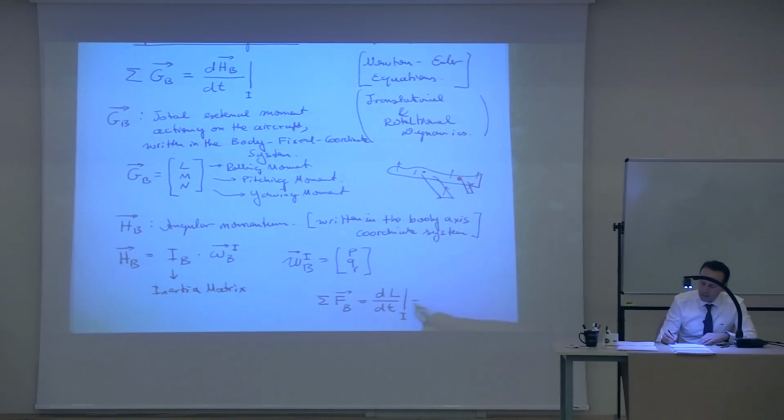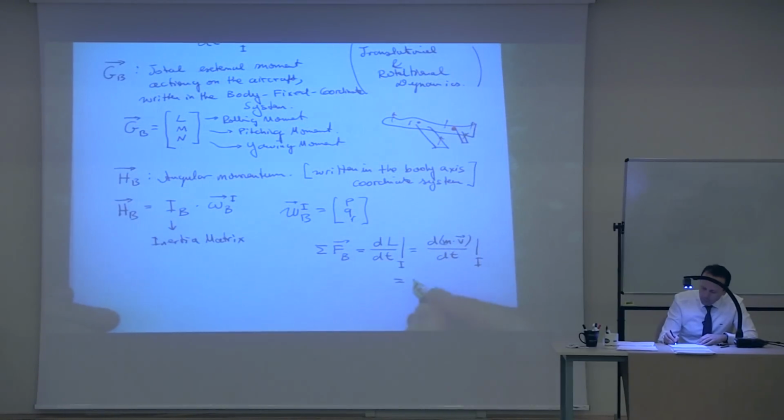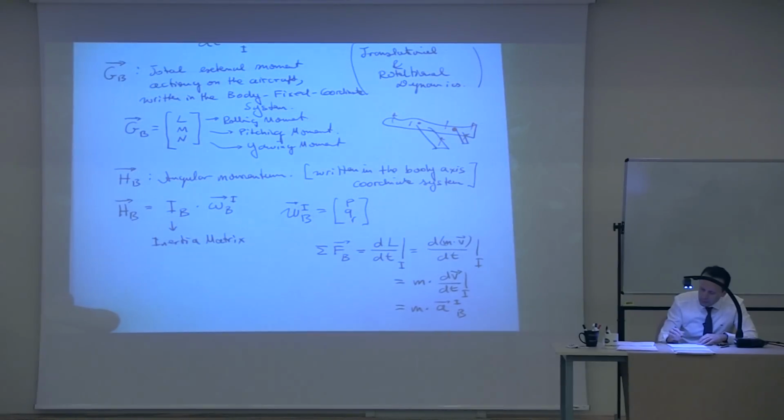So if you take that linear momentum, m times v, d/dt with respect to the inertial frame, if the mass is constant, you would end up with m times dv/dt written in the inertial frame, and that would be m times a, the acceleration written in the body axis system.